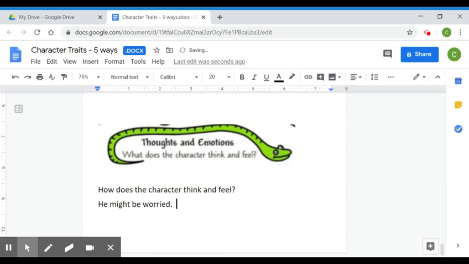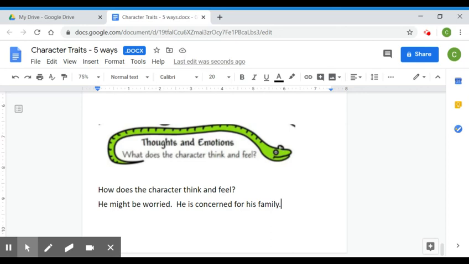How does he think or feel? He is concerned for his family. He goes and checks on his sister. He goes and tells his mom and tries to have her help. Those are things that you can put.